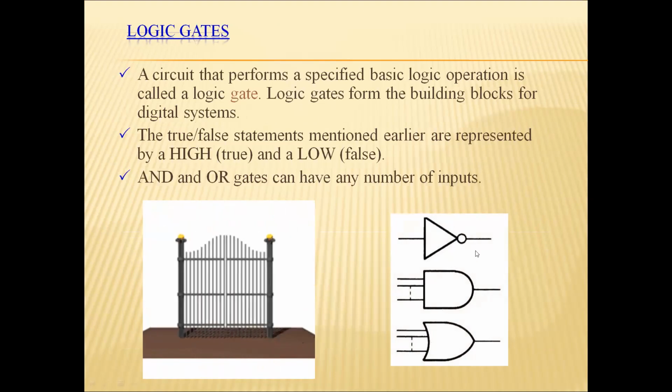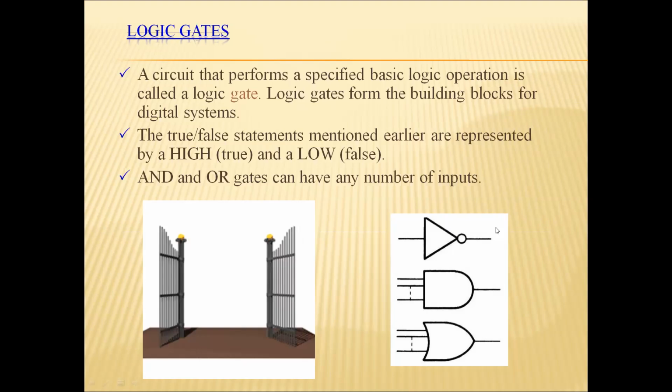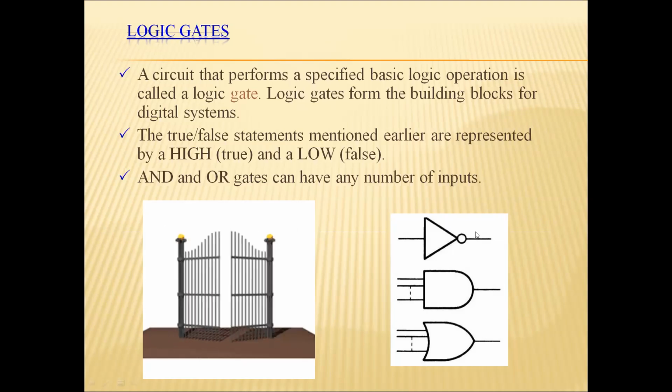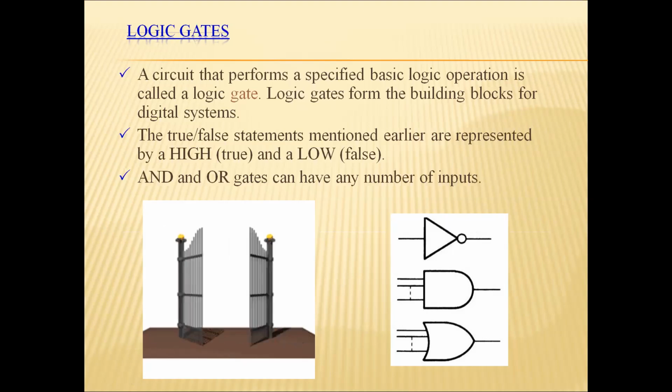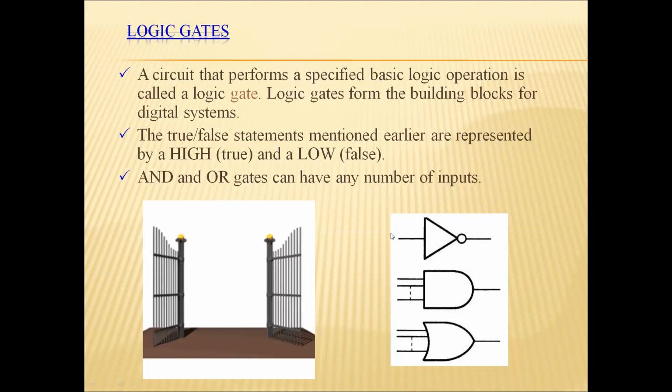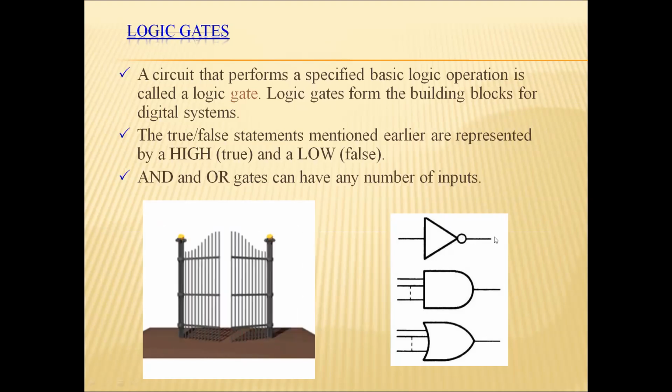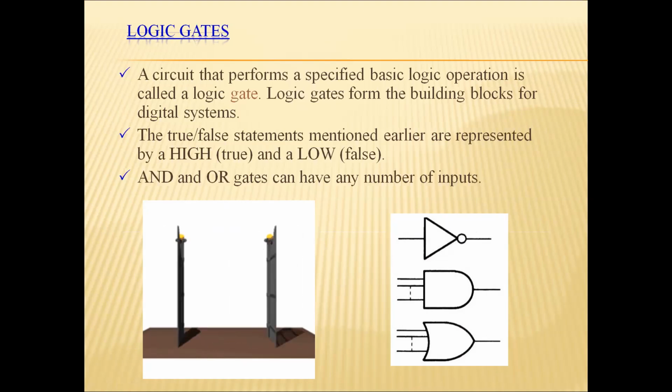Because it will provide the path, or rather it will give you access only on the defined level of the logic. So suppose it is 0 over here, and if this is a NOT gate, you will just get the reverse, 1. Therefore it is also called an inverter.